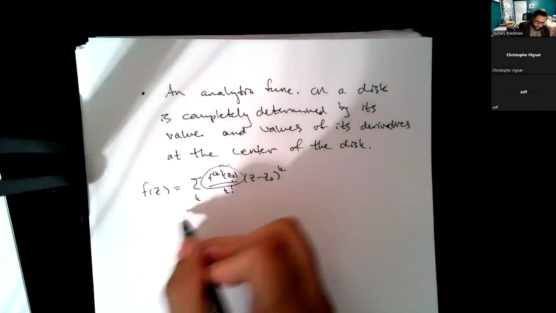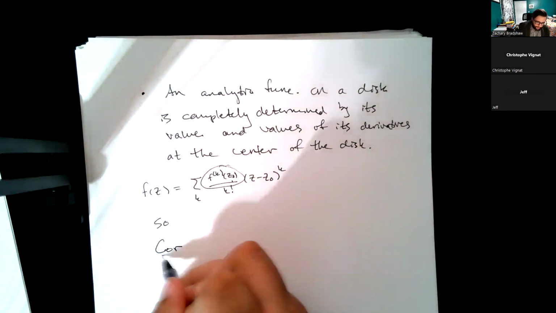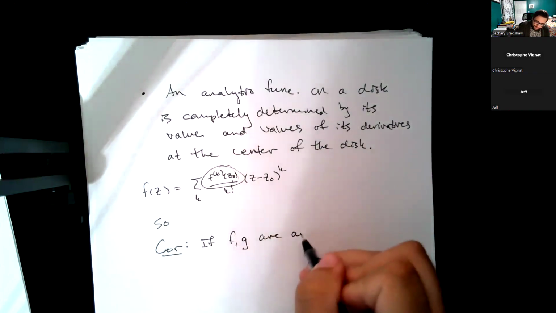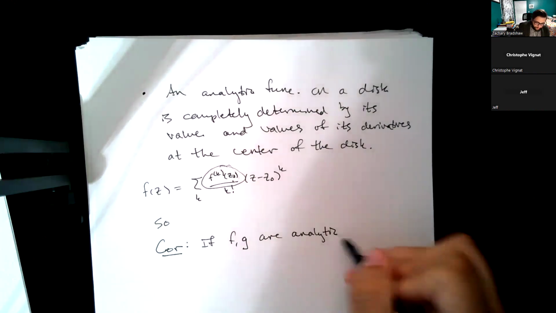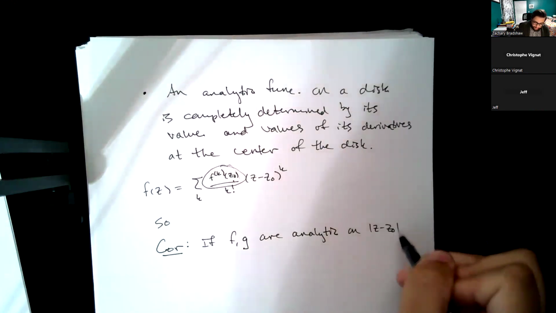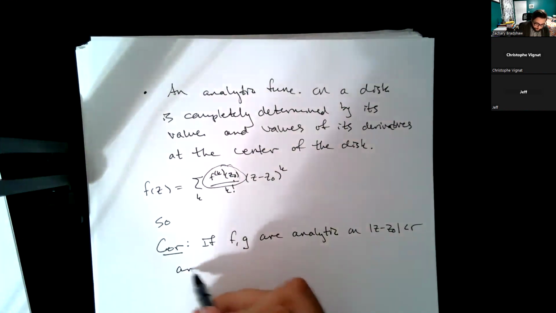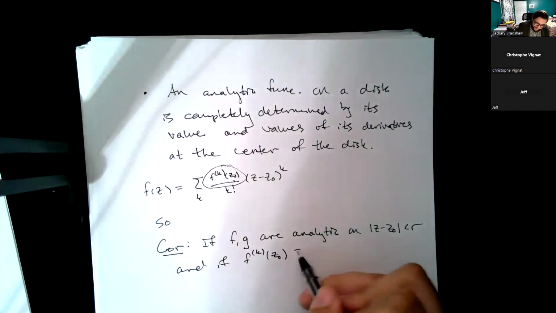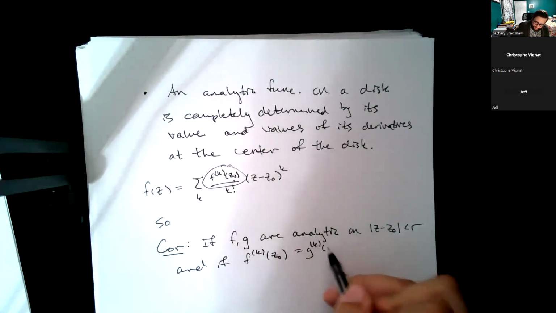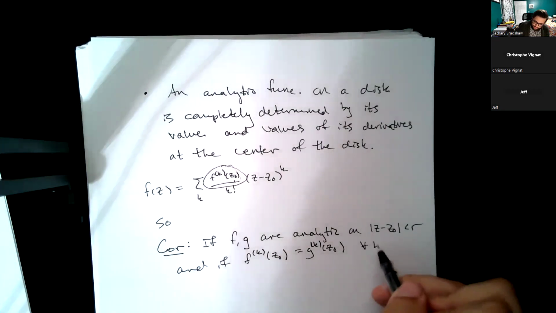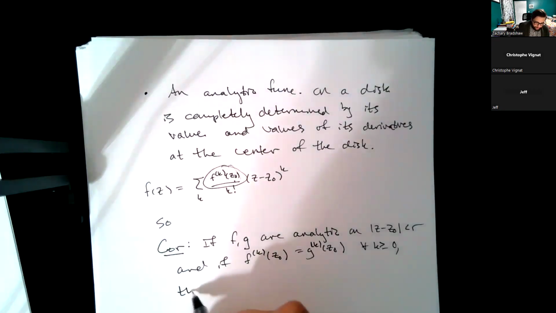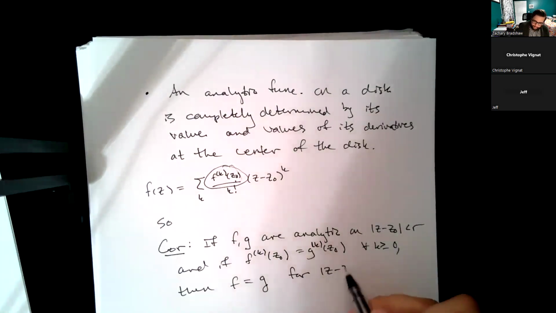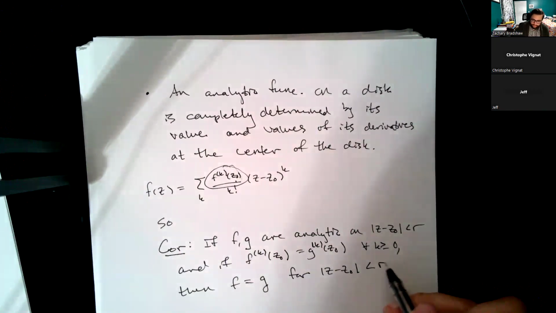Okay. So that tells me I have this corollary. If f and g are analytic on |z minus z0| less than r, and if all of their derivatives are the same just at the center of the disk, then it follows that f is equivalent to g for |z minus z0| less than r.